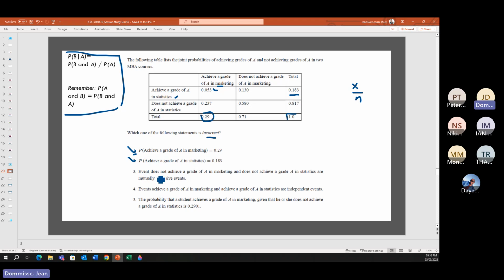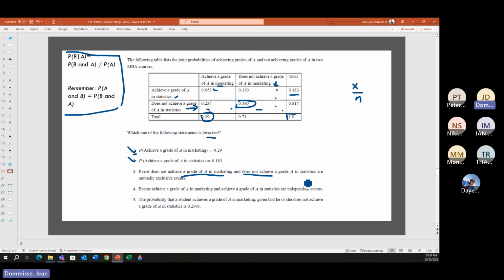Does not achieve a grade A in marketing and does not achieve a grade A in statistics. That one. So if we cross those two, we can see how many students did not get an A in the one and also did not get an A in the other one.